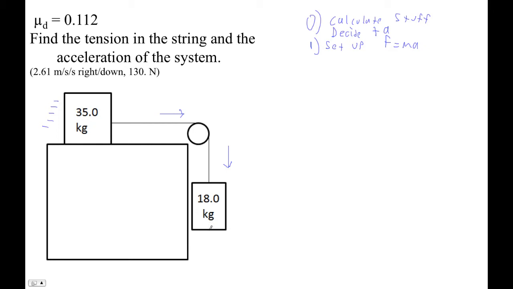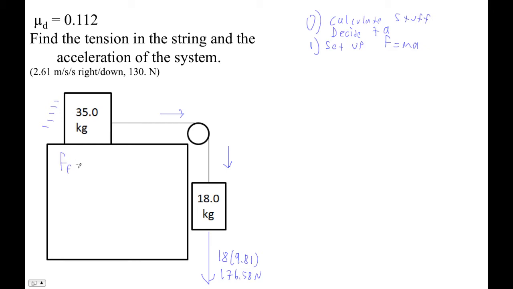The first is that there's going to be a force of gravity down on this. So let's figure that force out, right? That's going to be 18 times 9.81, which is 176.58. The other thing we want to do is figure out the dynamic force of friction, right?